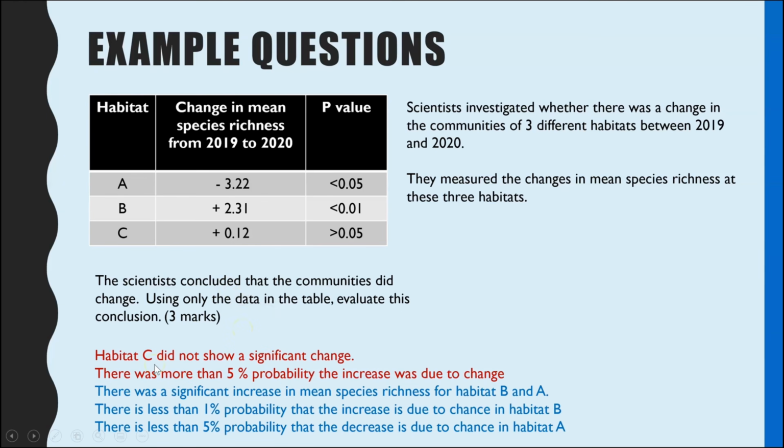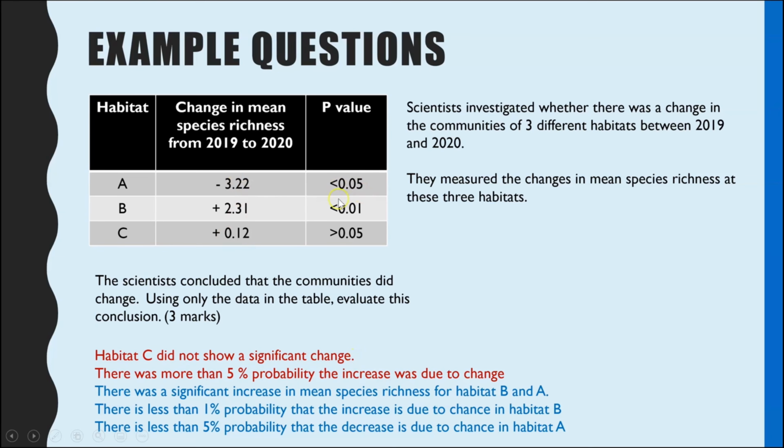So in red is the data that does not support the conclusion. For habitat C, our p-value is greater than 0.05, which means there is more than 5% probability that the increase in mean species richness that we see here was due to chance. And because we've got more than 5% probability, that means it does not show a significant change.